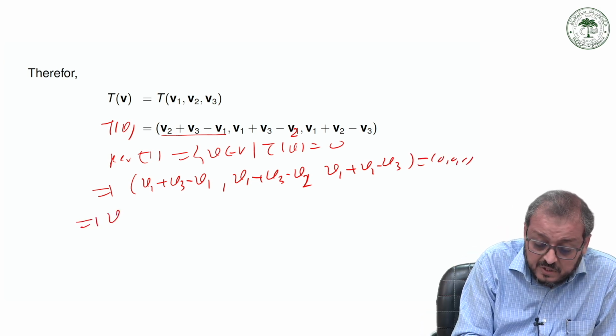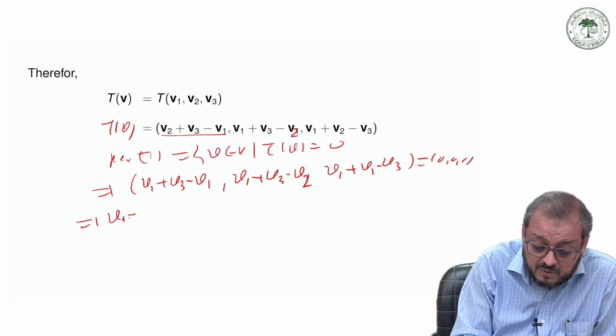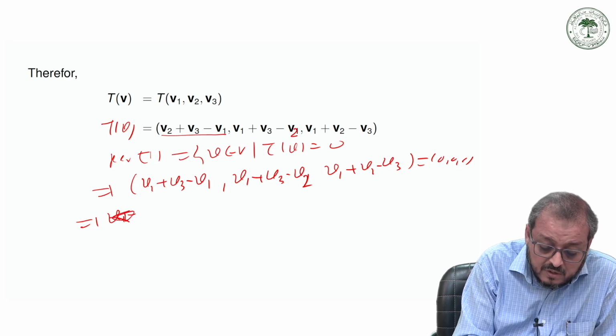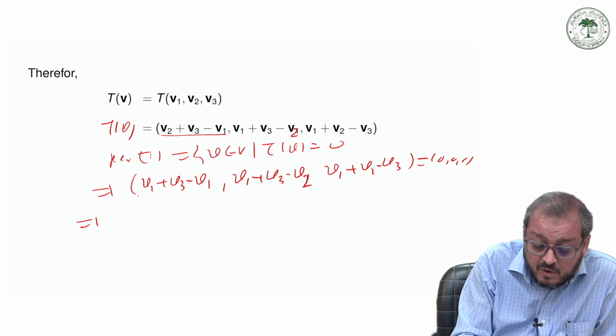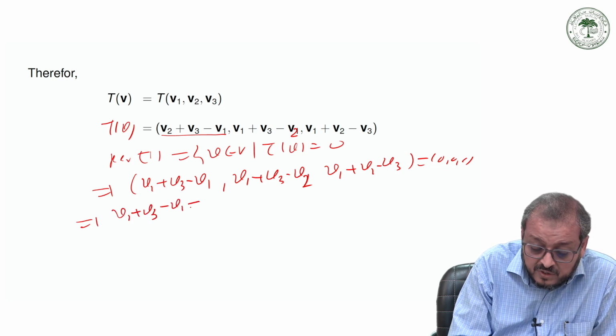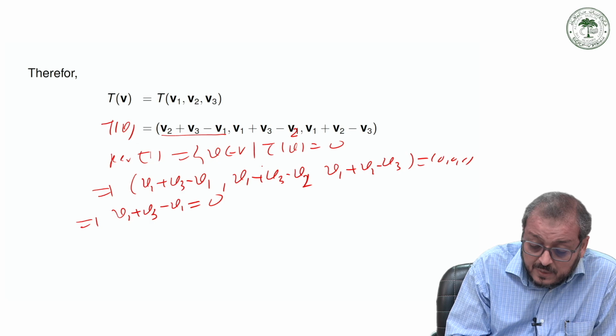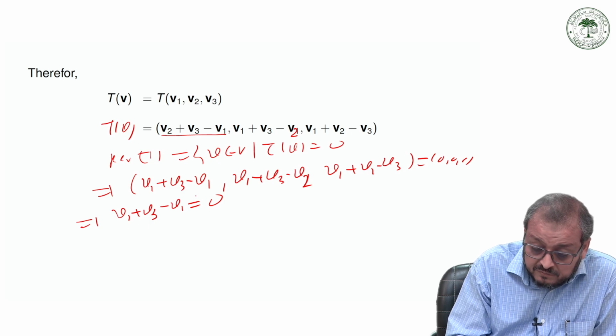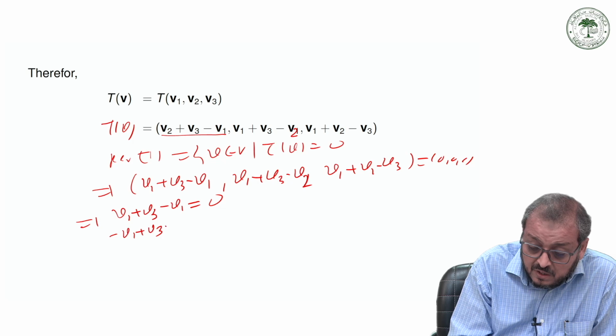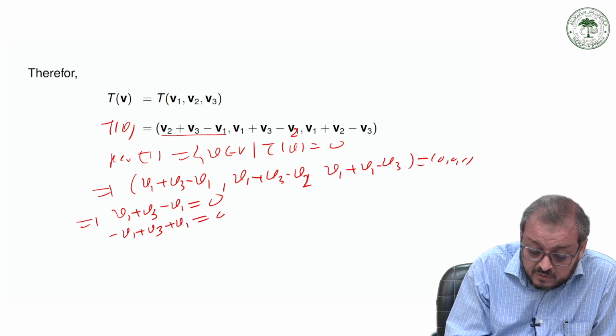So, V2 plus V3 minus V1 is equal to 0, and then V1 minus V2 plus V3 is equal to 0.